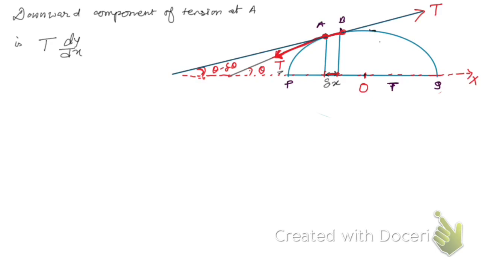So that's why the downward component is T dy by dx.